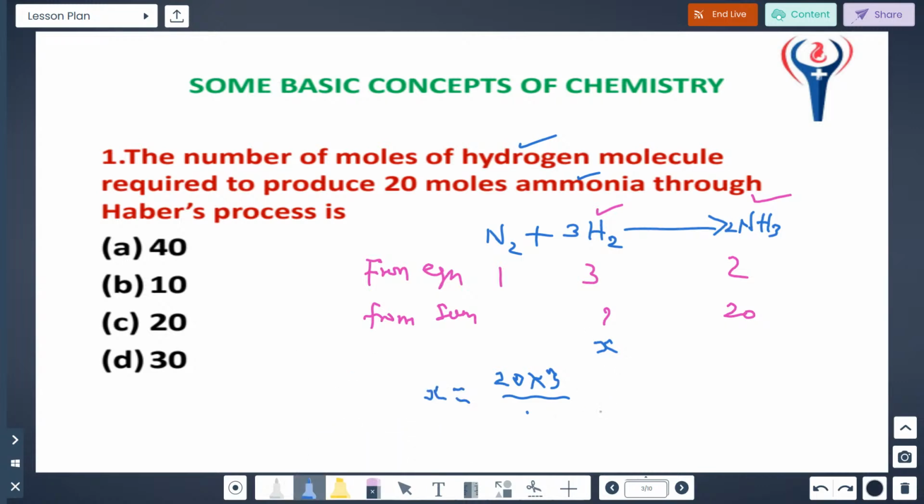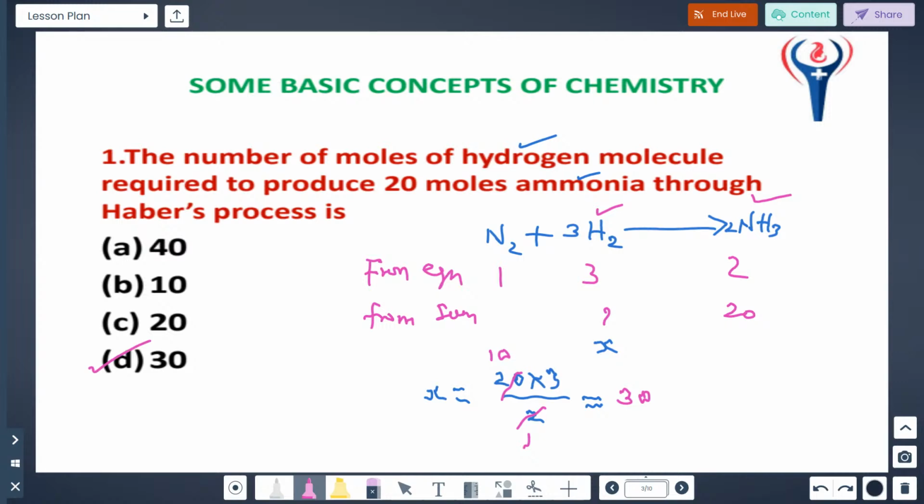Cancel this one time, here this will be 1, this will be 10. 10 into 3, we have 30. Simple sum. So the answer is D, the correct one. Are you following?